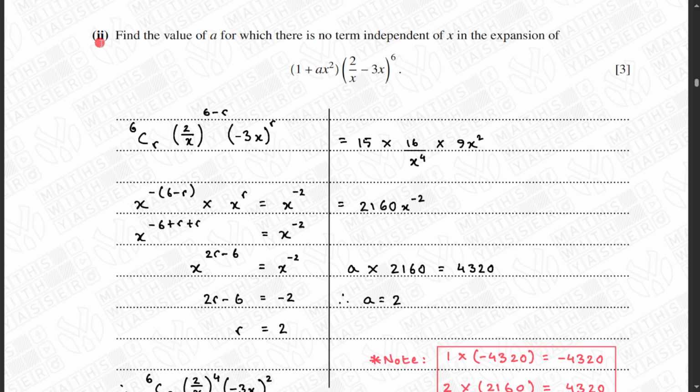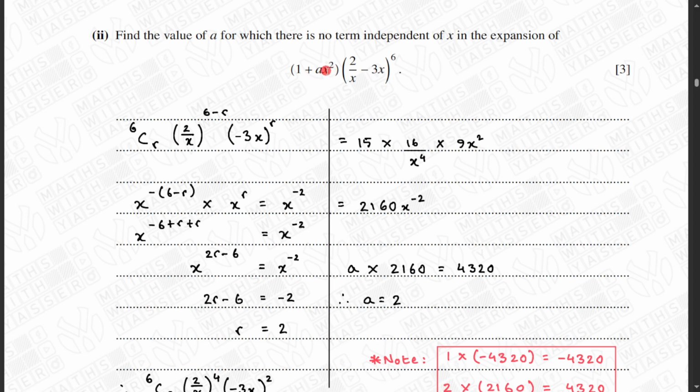In the second part of the question, it says find the value of a for which there is no term independent of x in the expansion of this equation. So in order to proceed with this, first we need to think of a few things. When 1 gets multiplied with the term independent of x from the expansion of this, we will get a term which is independent of x.